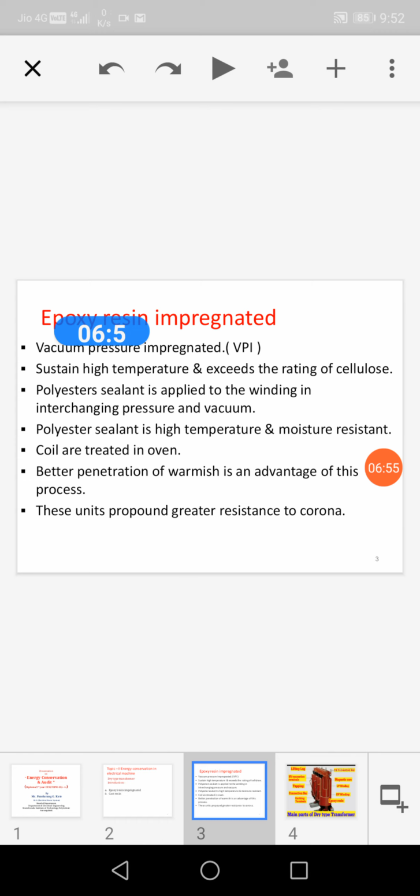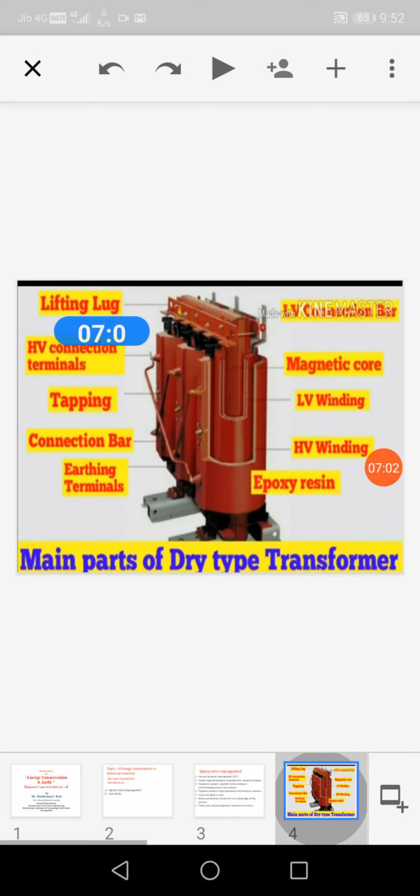and this is the vacuum pressure or epoxy resin impregnated transformer. Here are the given parts of transformer, means dry type transformer. Main parts of dry type transformer: lifting lugs, LV connections, HV connections, tappings, magnetic core, LV winding, connection bars, HV winding, earthing terminals and epoxy resin.